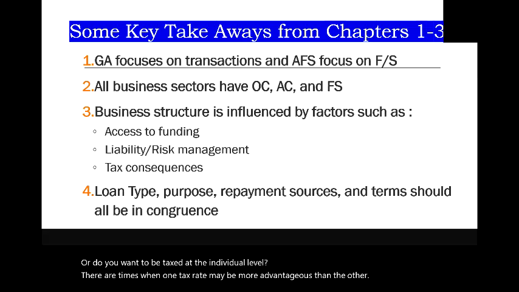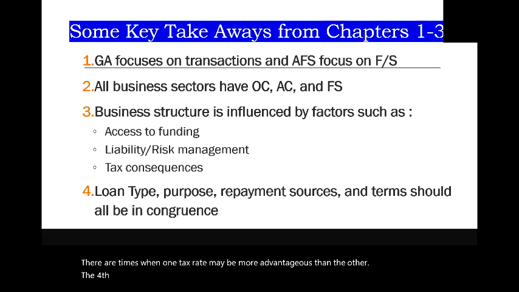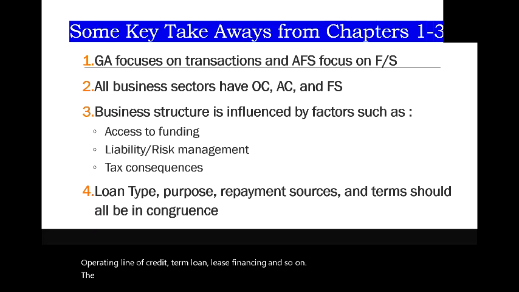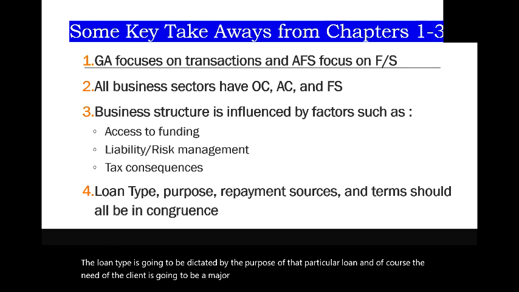The fourth major takeaway, in my opinion, has to do with funding the business. The loan type, we discussed several of them: operating line of credit, term loan, lease financing, and so on. The loan type is going to be dictated by the purpose of that particular loan. And of course, the need of the client is going to be a major consideration there.